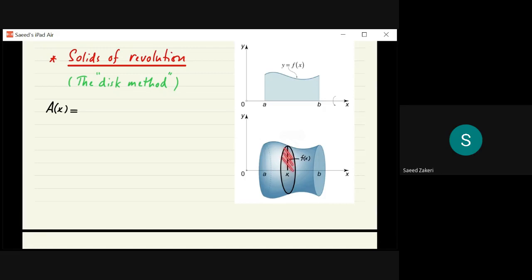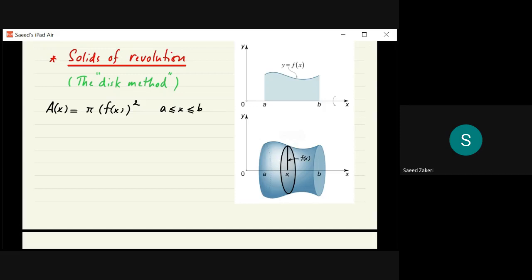Because this comes from revolving around the x-axis, the cross-section is a round disk whose radius is just f of x. So what is the area of a round disk of radius f of x? It's just pi r squared. So it's pi times f of x squared. And this is true for every x between a and b.